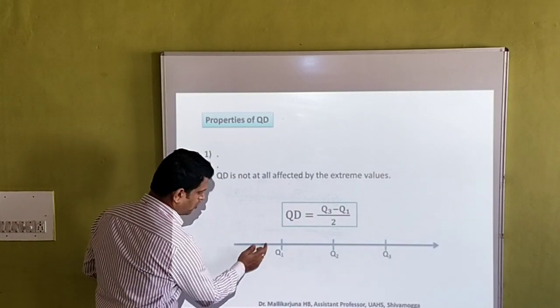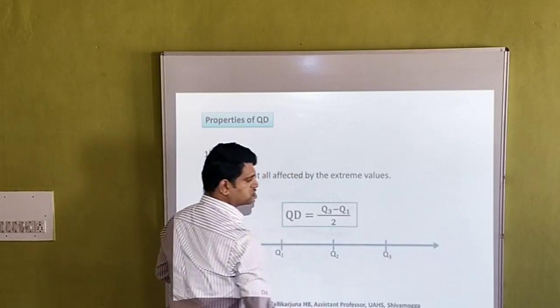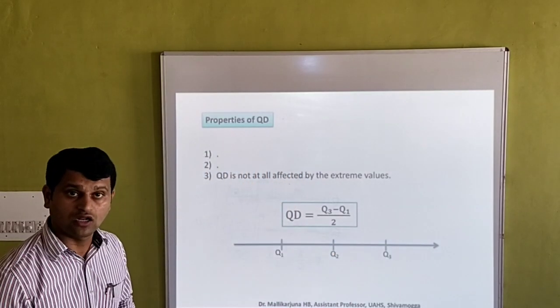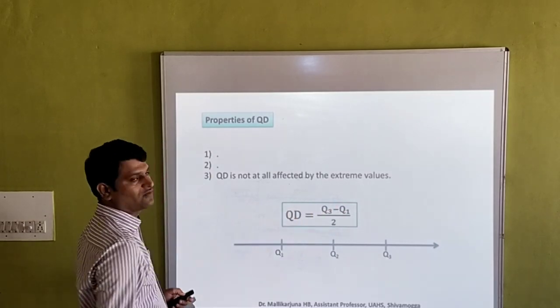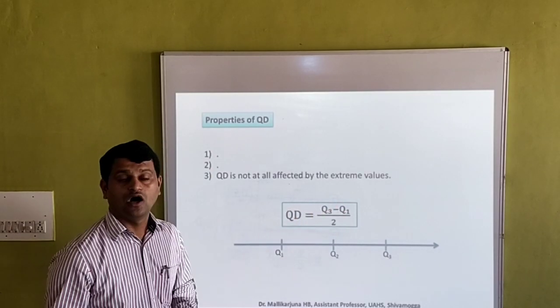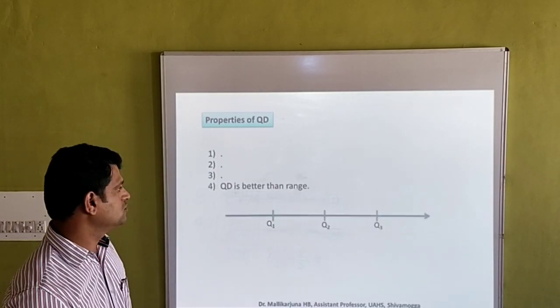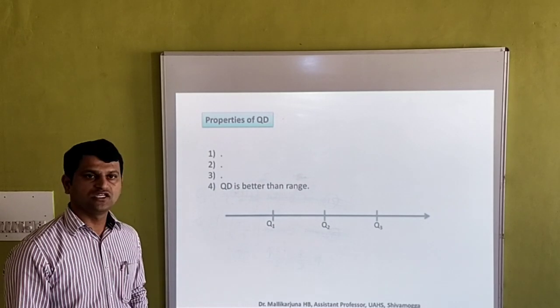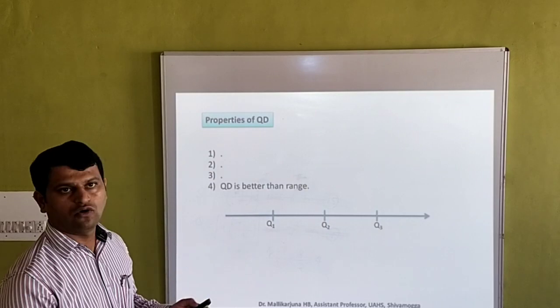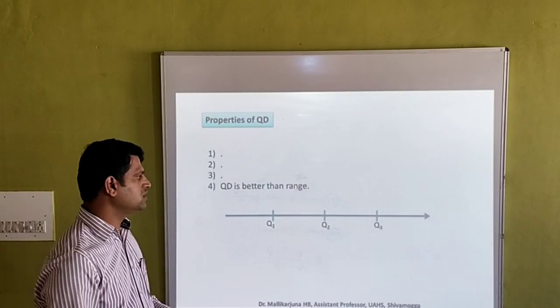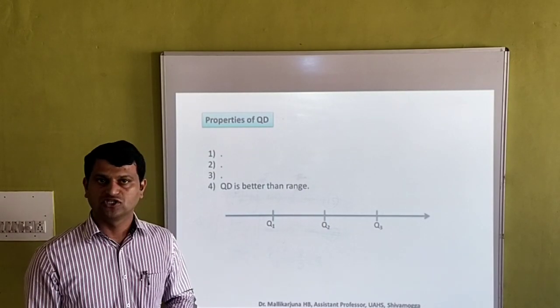When the set of observations is arranged in order of magnitude, it ignores the lowest and highest values. That's why it is not at all affected by extreme values. Quartile deviation is better than range. Of course, the range uses only the lowest and highest values, but quartile deviation is somewhat an improved measure of dispersion.